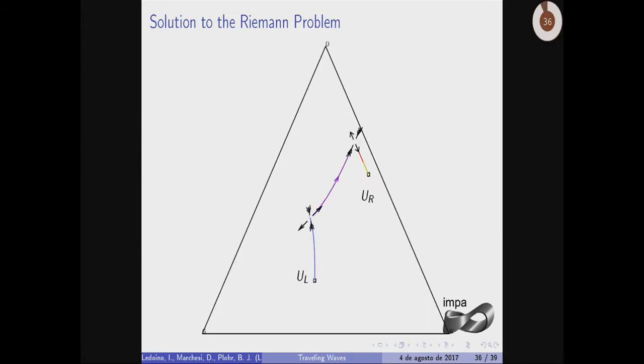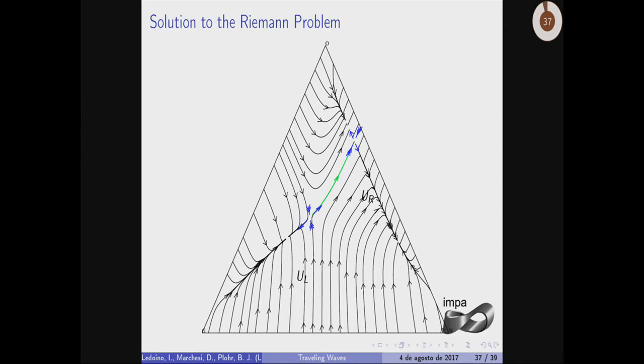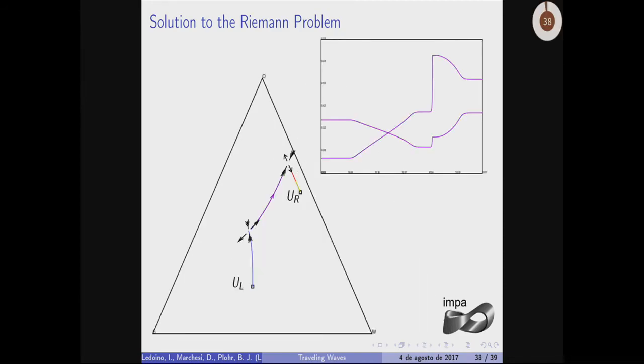If we want to verify if this is really a saddle-to-saddle connection, we just plot the field and check that it really is a saddle, and this one is a saddle too. And if we want to verify the Riemann problem, we make a simulation, and then we verify that we have a rarefaction here corresponding to this part.